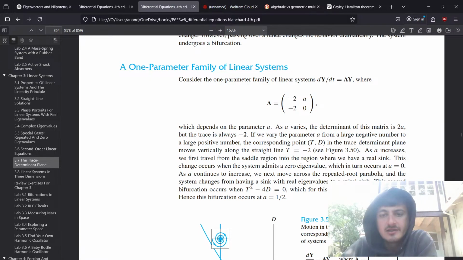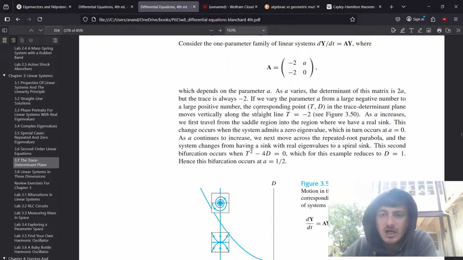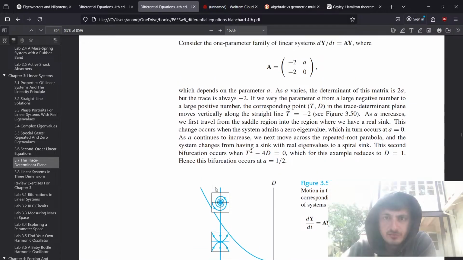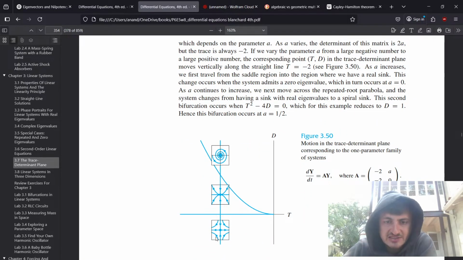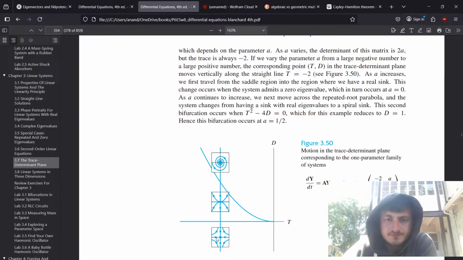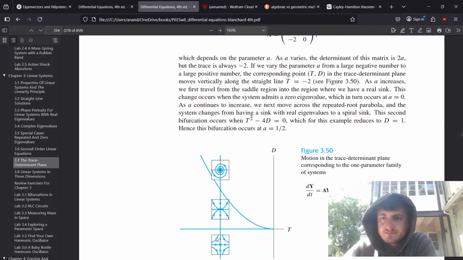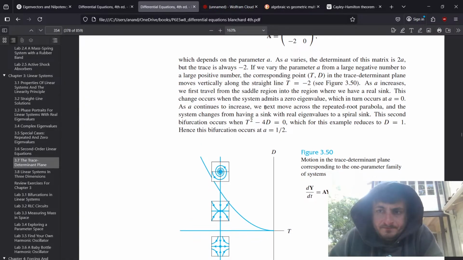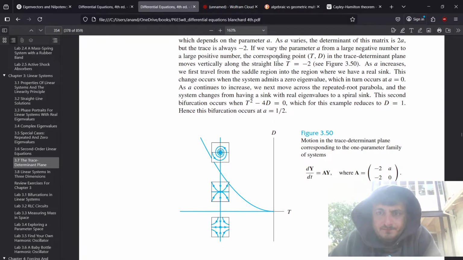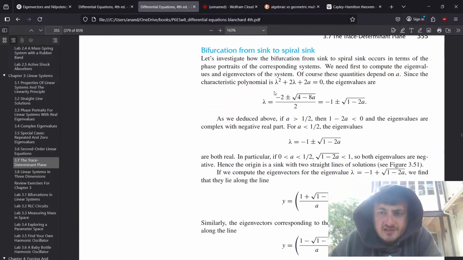I like this. So we're moving on a line of t. Oh, wait. We're moving on a line of d. So we get 3 possible behaviors of systems. All right, let's get to the exercises, man.